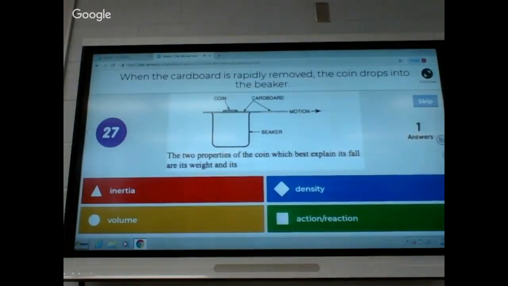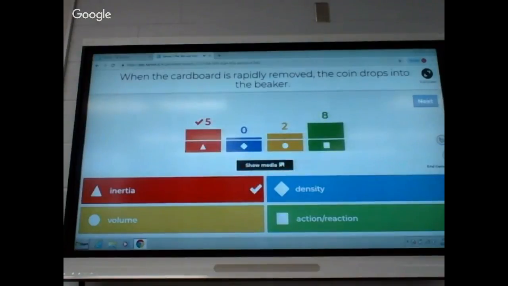All right, this one's a little harder for some folks. Inertia is an object at rest stays at rest.